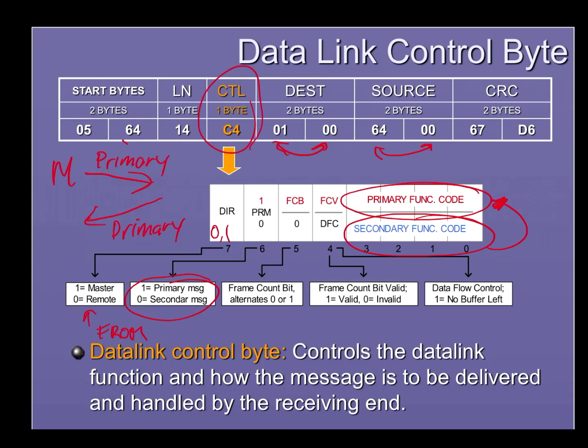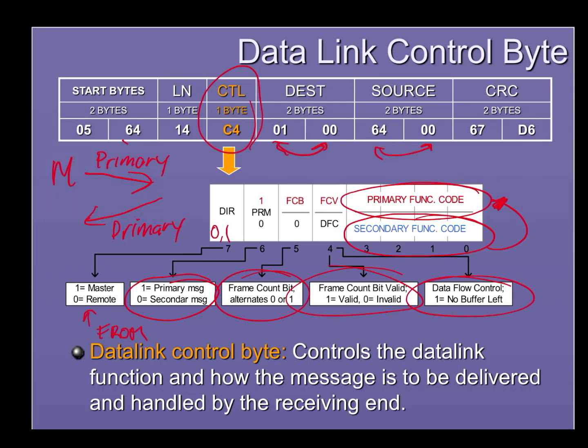When we do involve confirmations and things like that, then we may involve other bits within the data link control byte, so that we're not misplacing confirmations. This is where the frame count and data flow bits come into play.